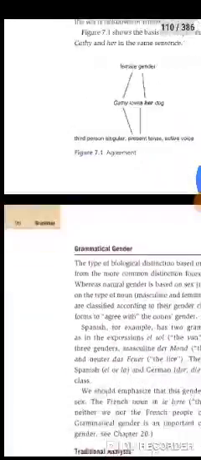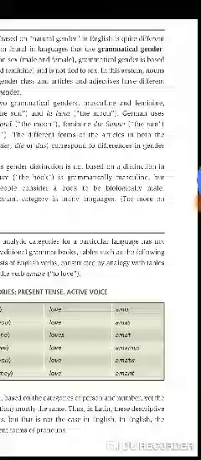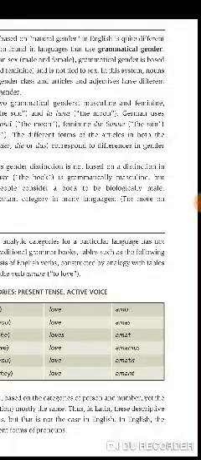So a language like Arabic and Farsi needs this. But remember, when we are teaching English, you don't need as many as 14 like Arabic, or as many as 6 for Latin and Farsi.